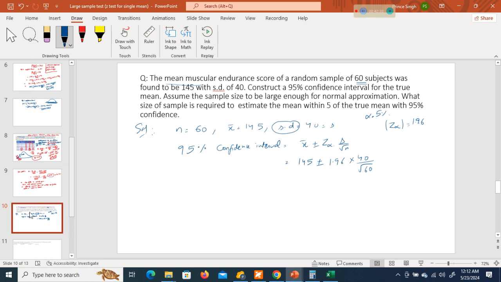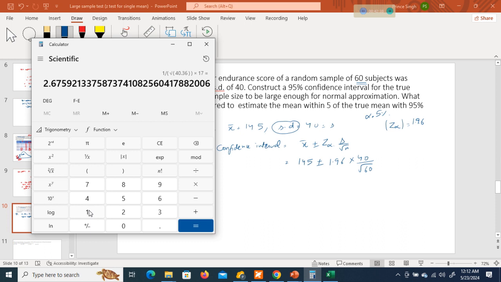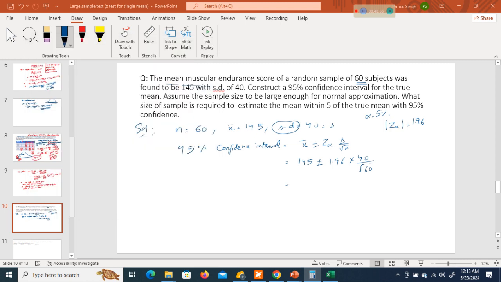So if we calculate this value, 1.96 multiplied by 40 divided by the square root of 60, its value comes out to be 10.1213.